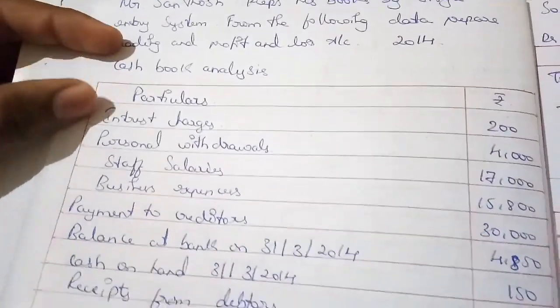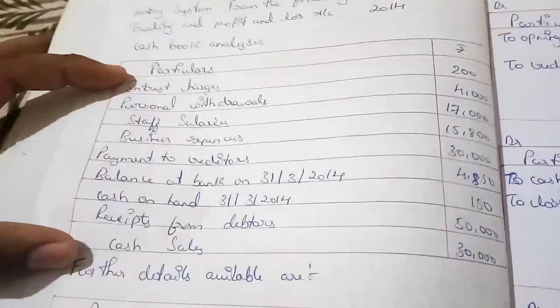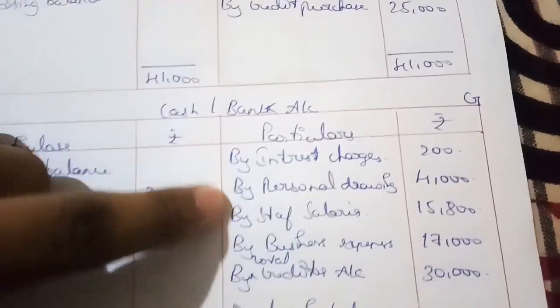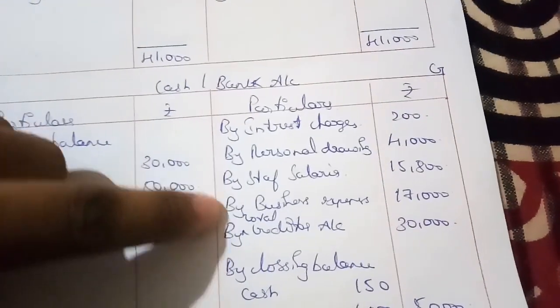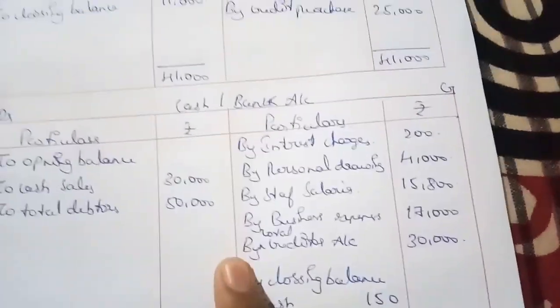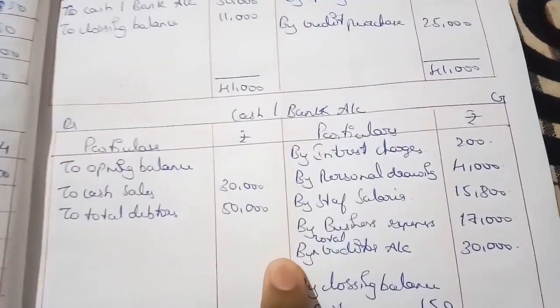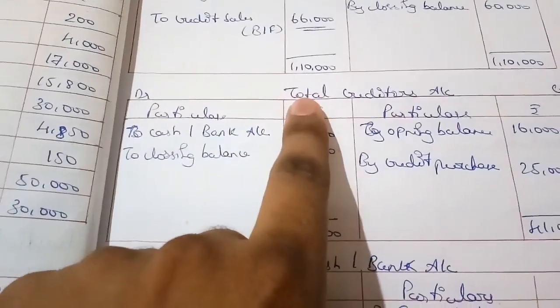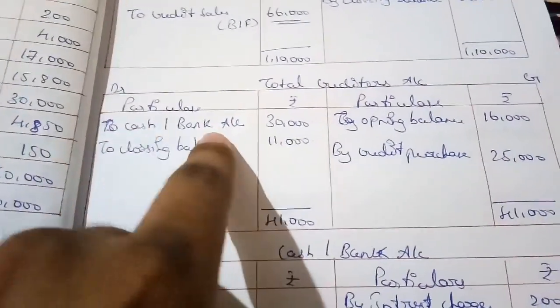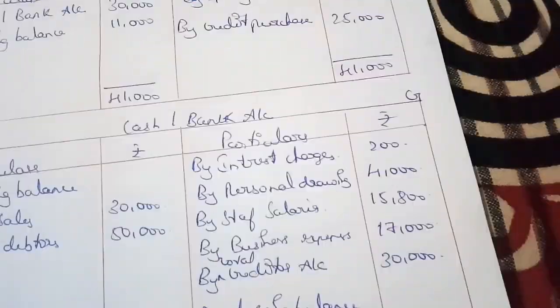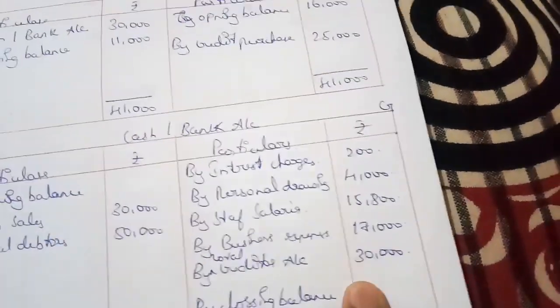In the bank account we have, in the question only, the cash book analysis. So all will come here in this cash bank. Okay, so here interest came, personal, staff, business expenses. How did total creditors come? See here, total creditors account to cash and bank 30, so it will be transferred to by 30.